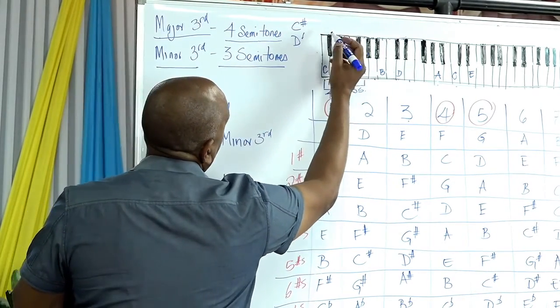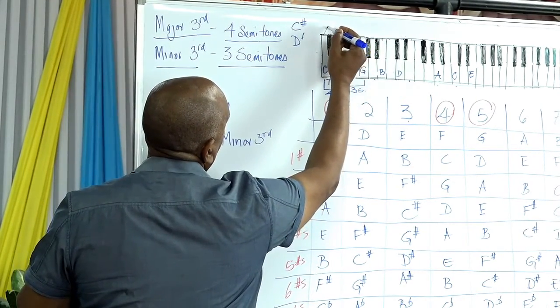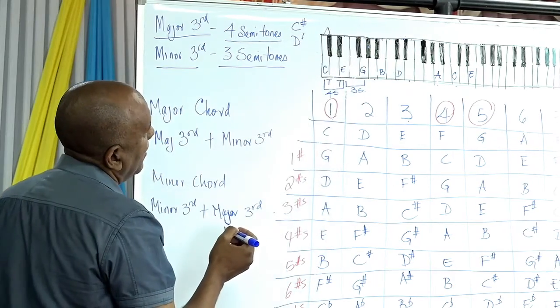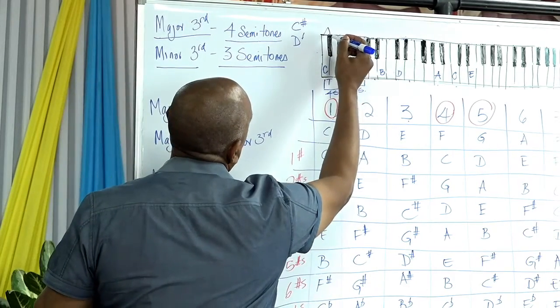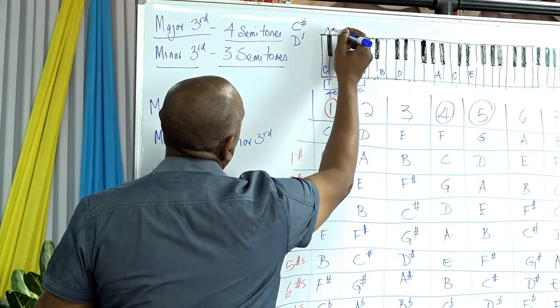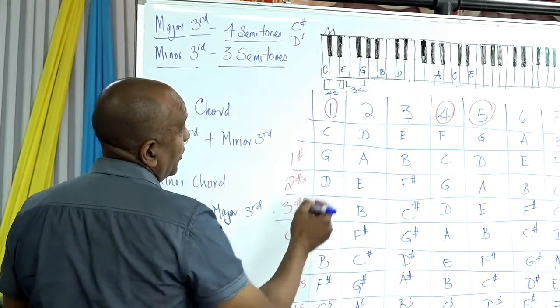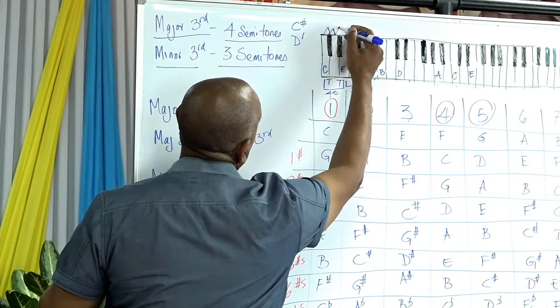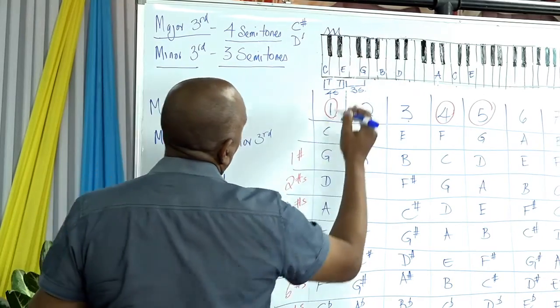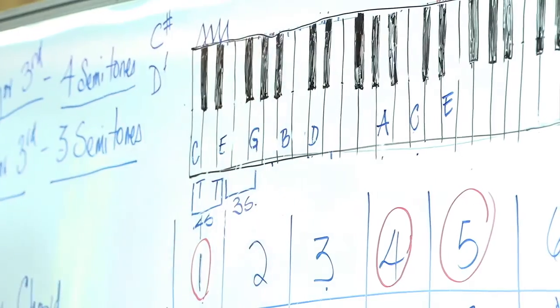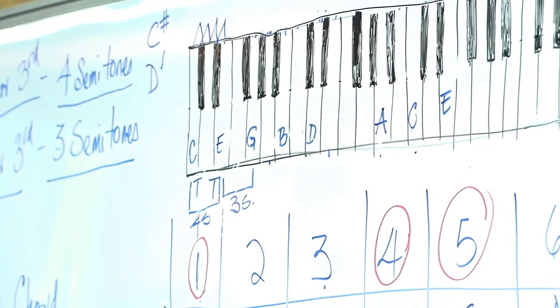We go from C to our closest note, that is C sharp. That's 1 semitone. From C sharp to the next note, which is D, 1 more semitone. D to D sharp, another semitone, and from D sharp to E, yet another semitone.